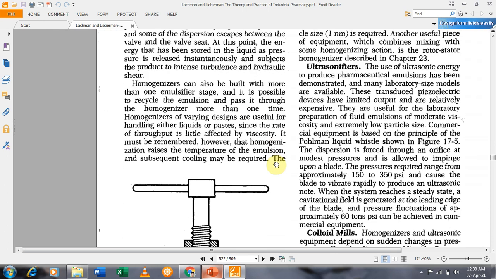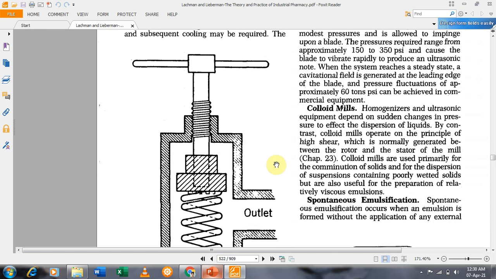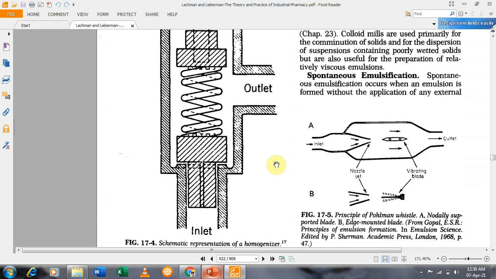Similarly, the ultrasonifier and the colloidal mill, and the schematic diagram of the Pullman vessel principle.